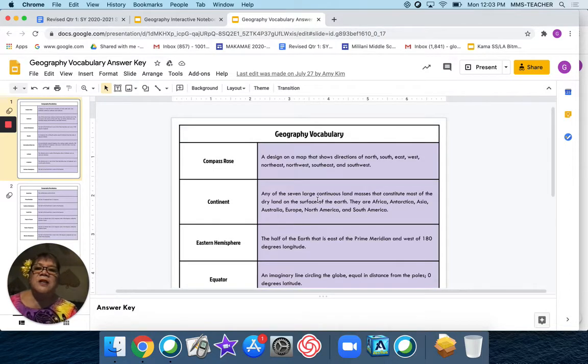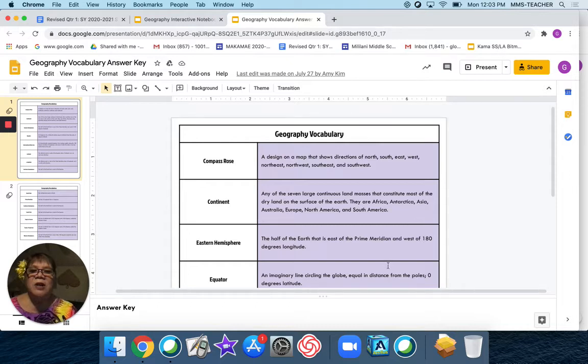So the first geography vocabulary is compass rose. It is a design on a map that shows directions of north, south, east, west, northeast, northwest, southeast, and southwest. That is the compass rose.